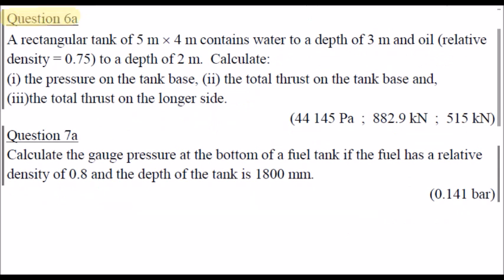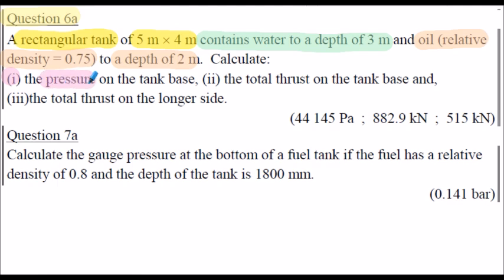Question 6a: a rectangular tank, 5 meters by 4 meters, contains water to a depth of 3 meters and oil having a relative density of 0.75 to a depth of 2 meters. We're asked to calculate firstly the pressure on the base of the tank, secondly the total thrust on the base of the tank.